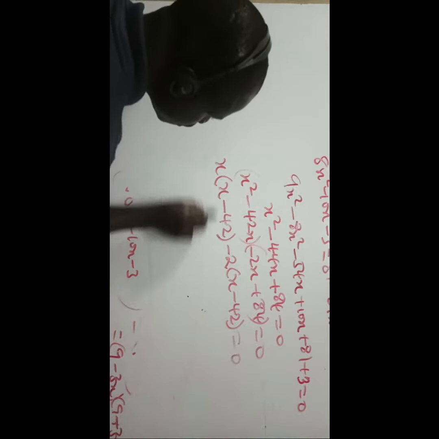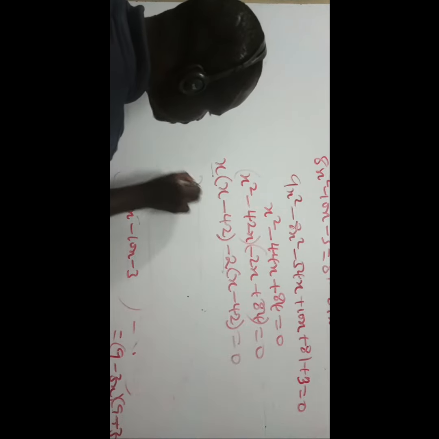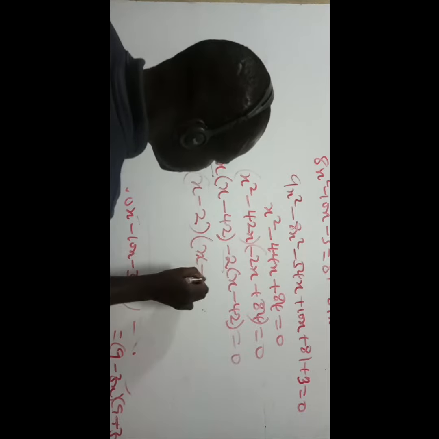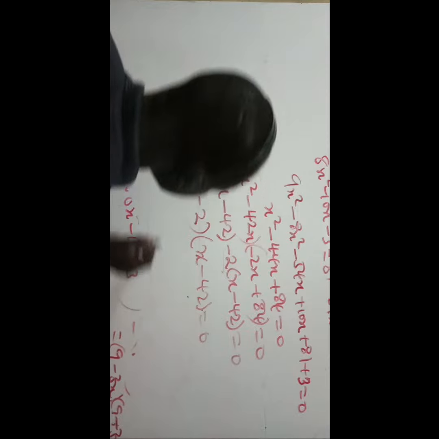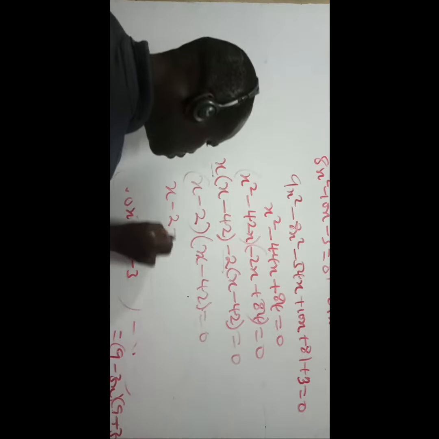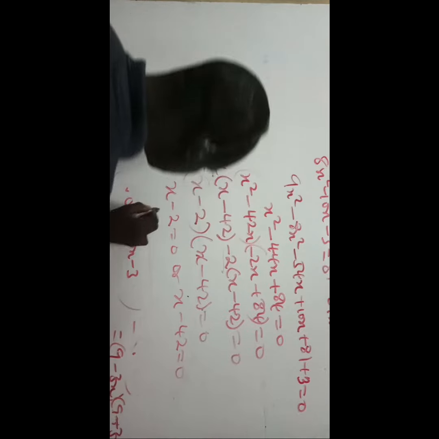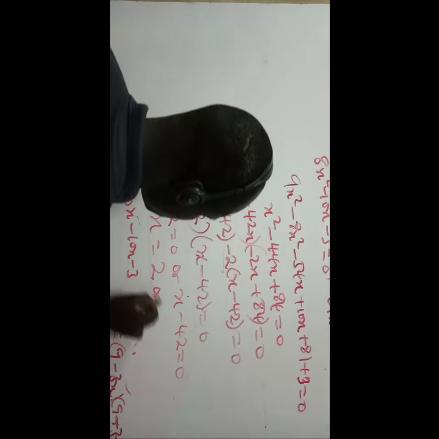So from here now, I can group these two to have x minus 2 into bracket x minus 42 equals 0. This simply means that x minus 2 equals 0 or x minus 42 equals 0. So x is equal to 2 or 42. And these are the two values of x that we have.